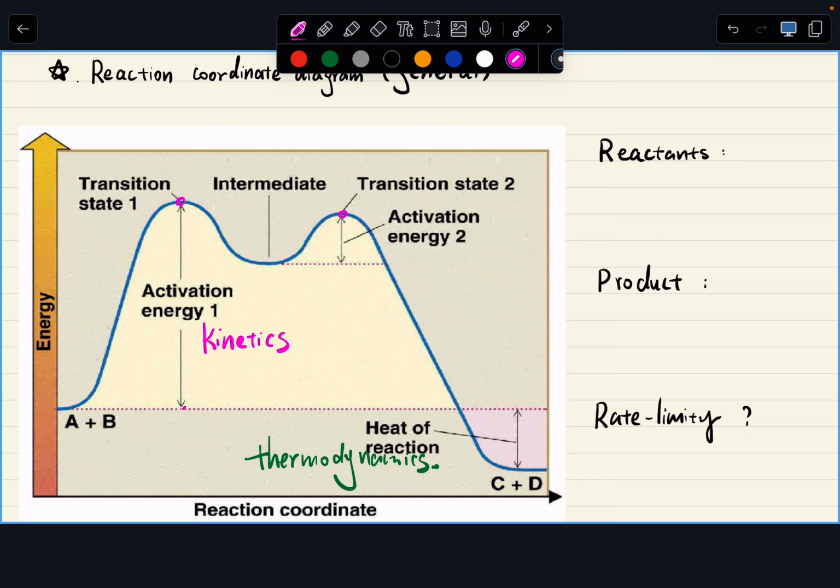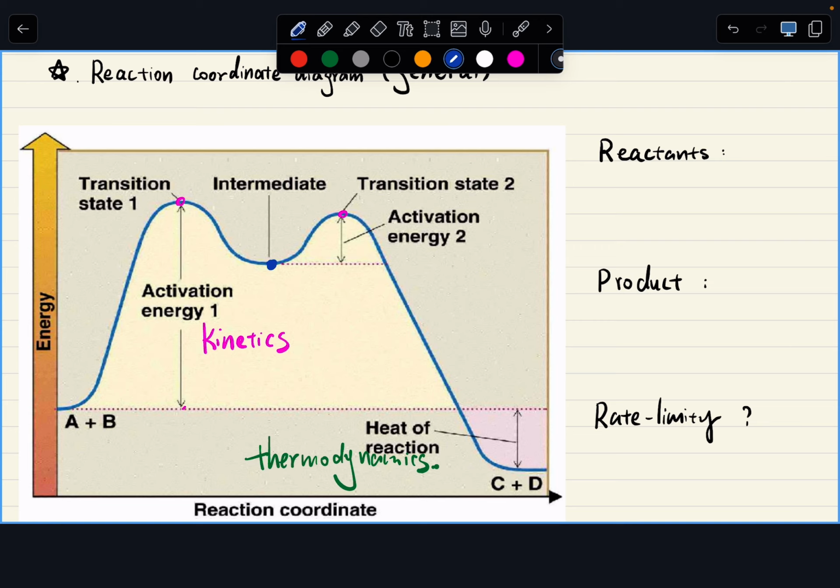For a more complicated reaction like this one, you could have multiple transition states along the reaction coordinate, in which case you can have a reaction intermediate that's generated and consumed to form the product.